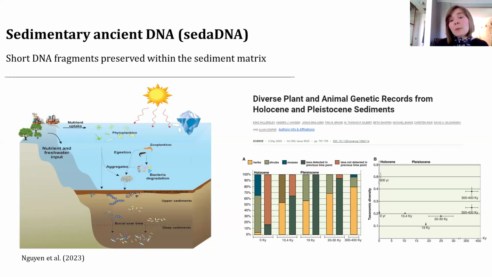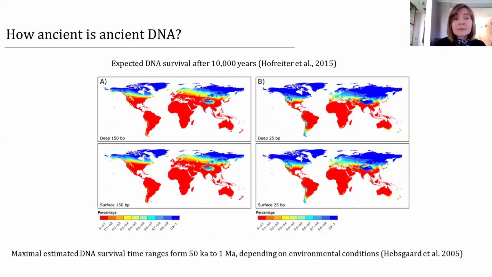So what we're talking about now is a specific fraction of environmental DNA, the so-called sedimentary ancient DNA, which is basically environmental DNA preserved in sediment across geological timescales. When talking about geological timescales, we may ask, how ancient is ancient DNA?